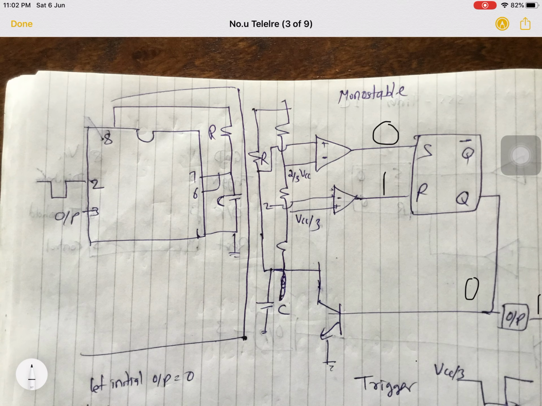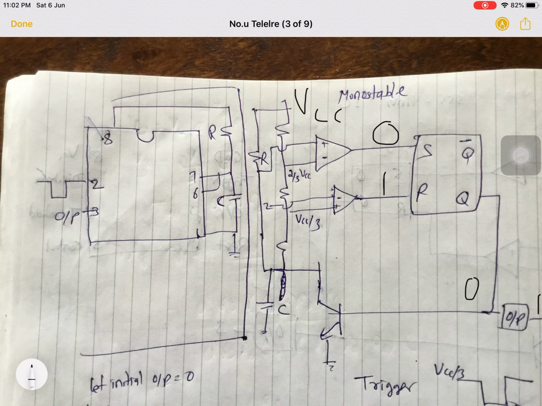Since this is 0, my transistor will become an open circuit, because it acts like a switch. So the capacitor will try to charge, and it will charge from this resistor. The capacitor will charge from this path. This is, by the way, VCC. So the capacitor will try to charge.